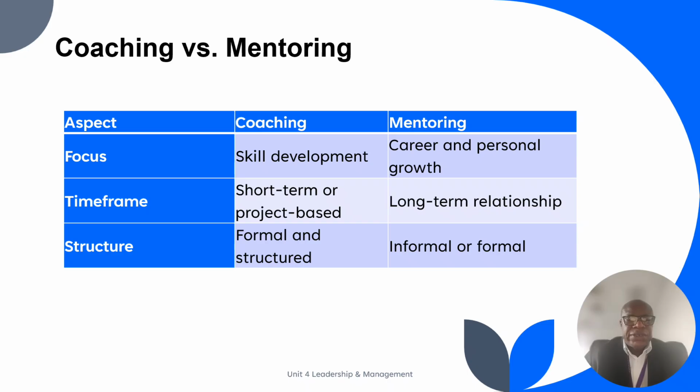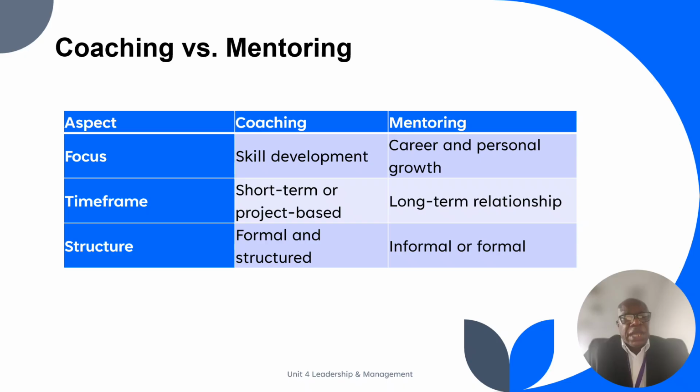And mentoring is for purely inexperienced people. You want to bring them up to speed, so you pair them up with an experienced person who can then train them sufficiently to have more skills on the job. So these are the examples.